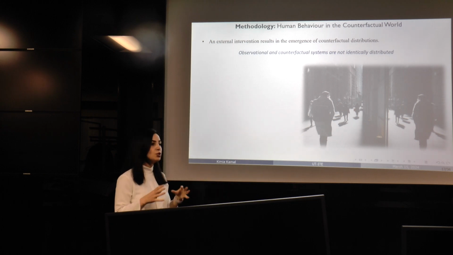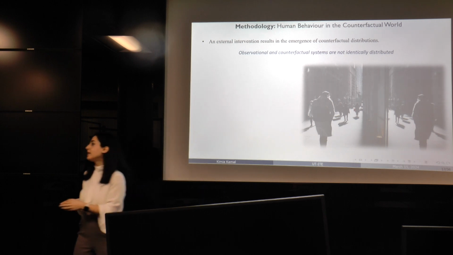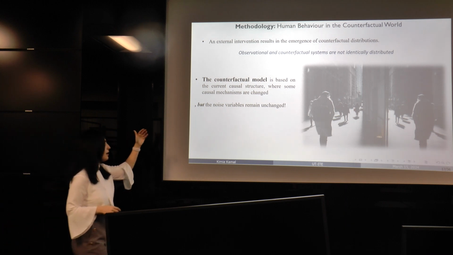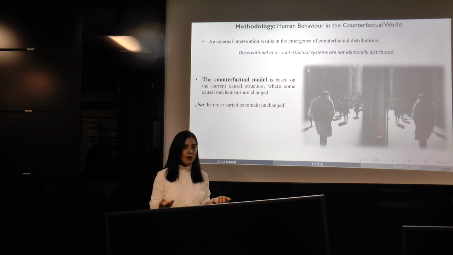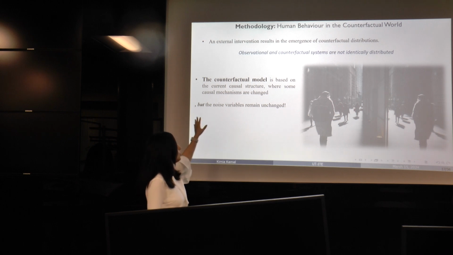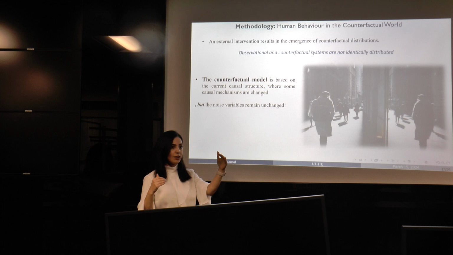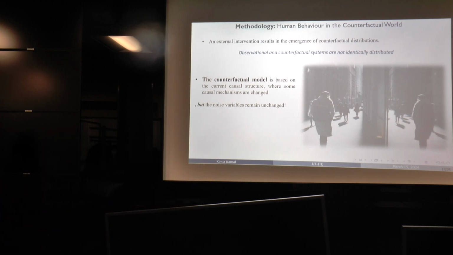So if we want to use this model for forecasting, we need a counterfactual model. This counterfactual model is based on the current system where some causal mechanisms, based on our interventions and policies, are changed. But the noise variables between the factual and counterfactual model remain unchanged.